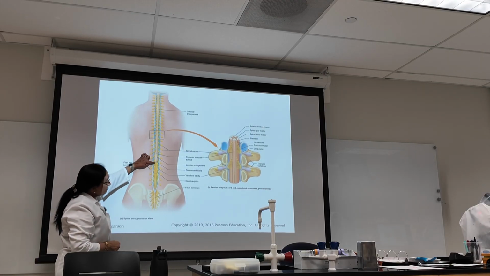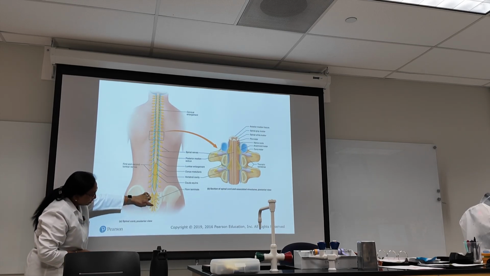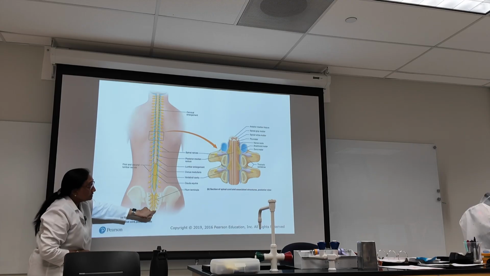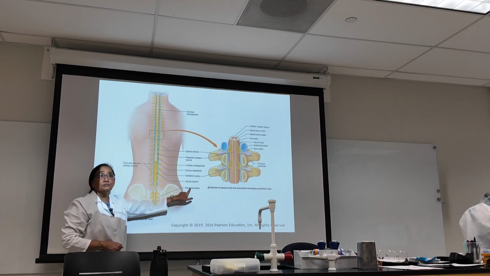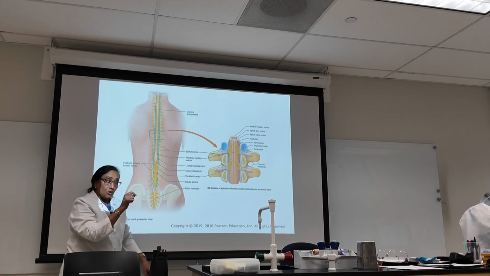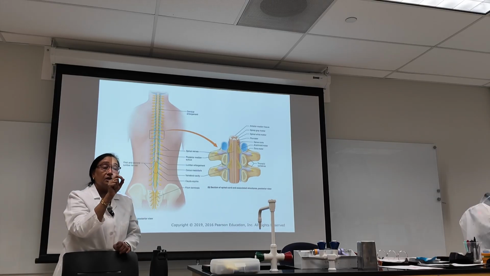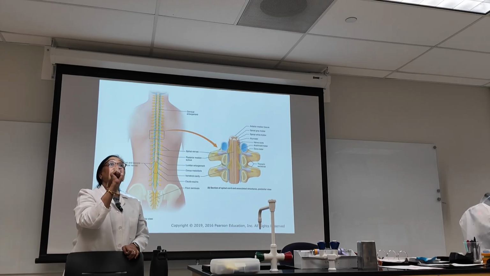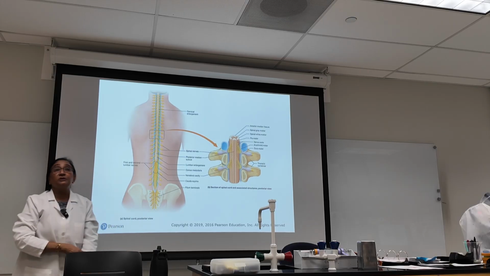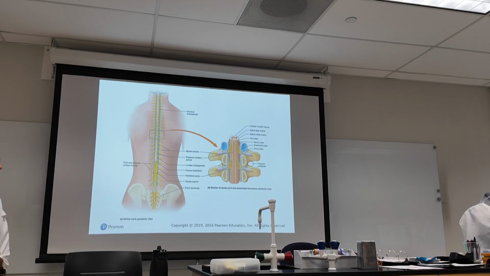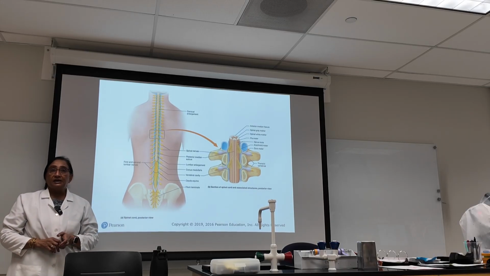This long structure in the middle that extends all the way to the tailbone is called filum terminale. If you want, write down next to that in your manual: it is an extension of the pia mater. It's not a separate ligament or anything. It's just an extension of the pia mater.